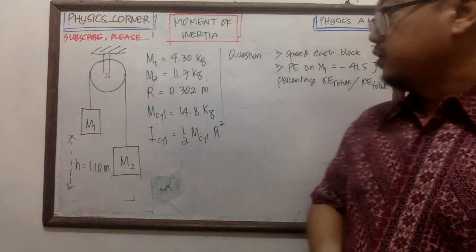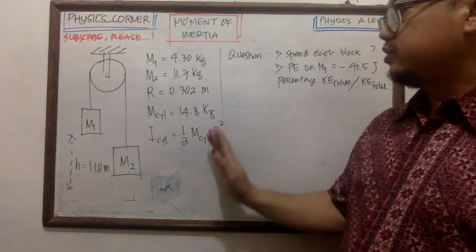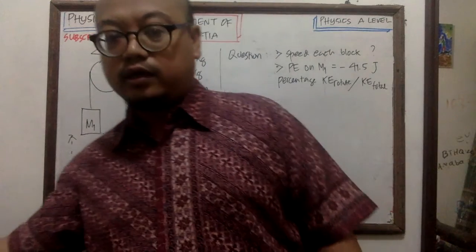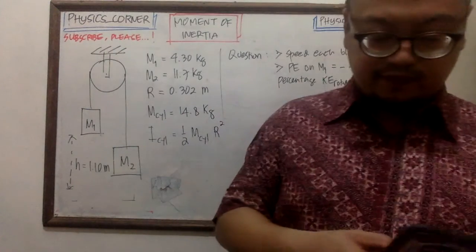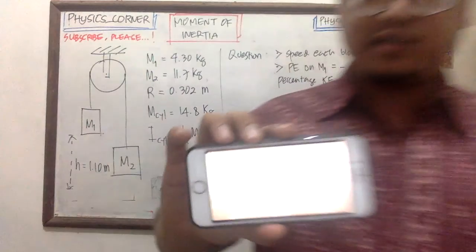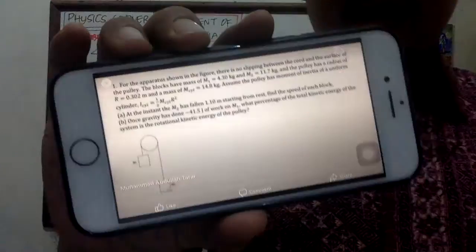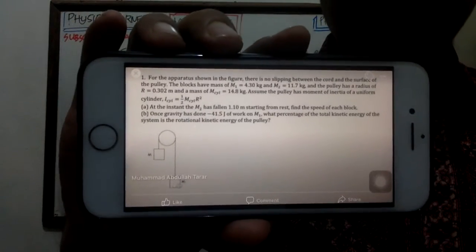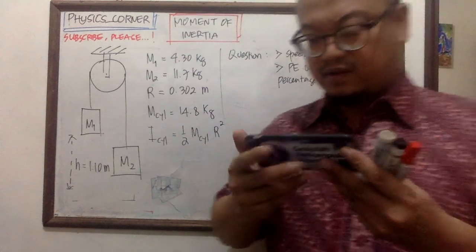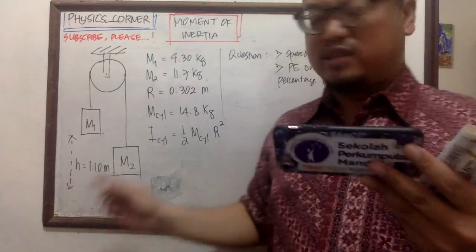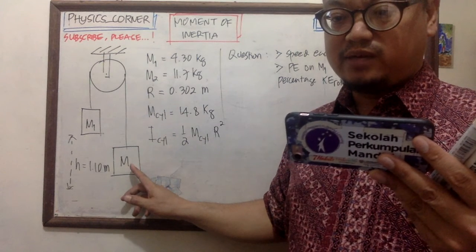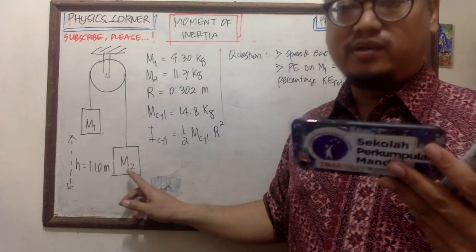Okay, we have one question here like this one. I just read it from my friend on Facebook. Okay, I will read it first. For the apparatus shown in the figure, there is no slipping between the cord and the surface of the pulley.